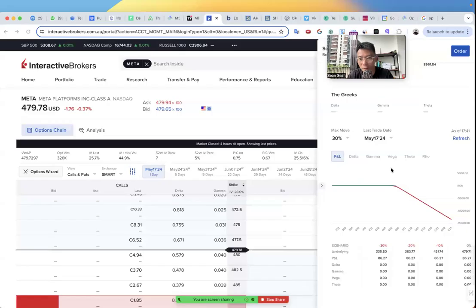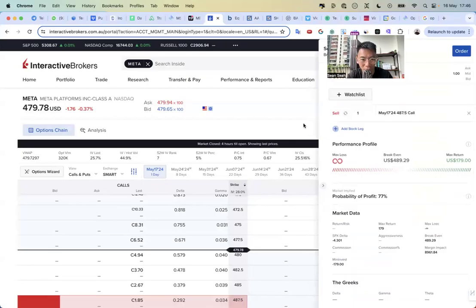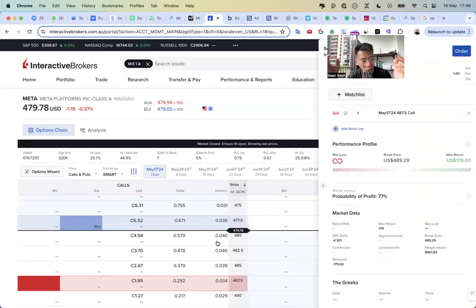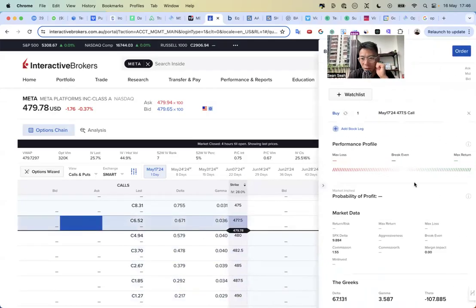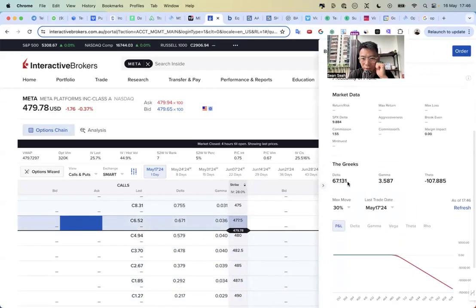Let's go back to here. If there's a lot of information, don't be too worried about it. I will just share with you how to use it, the application of it. We don't have to know the theory that much. So in this example, the gamma is 0.036. What does it mean? Gamma is the change in delta every time the share price increases or decreases by $1.